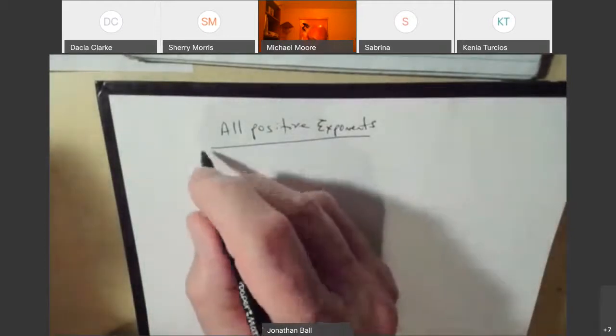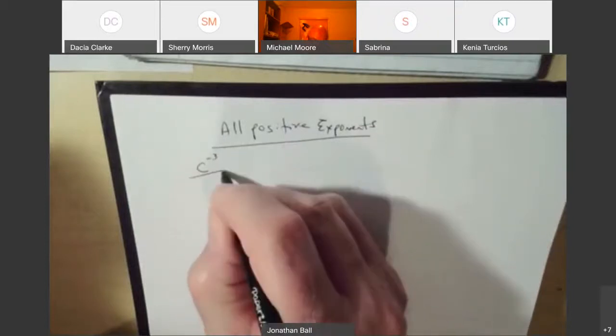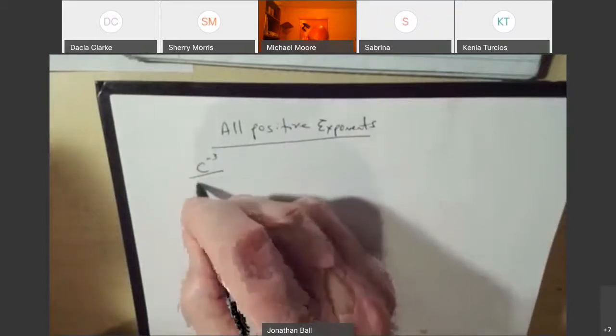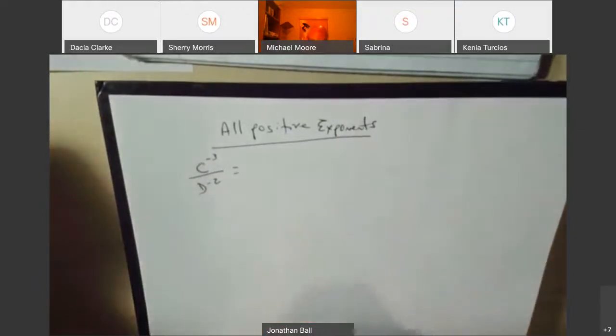So what if you're given this? c to the minus 3 over d to the minus 2. It's just real simple. If the exponent is negative, move it. If it's in the numerator, move it to the denominator. If it's in the denominator, move it to the numerator.